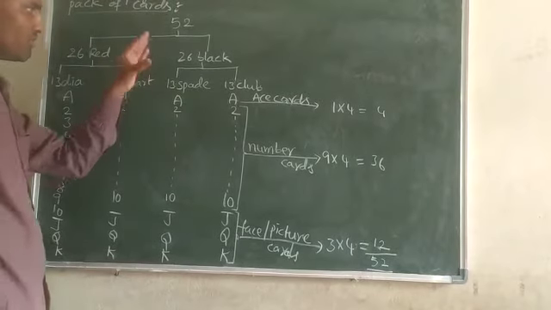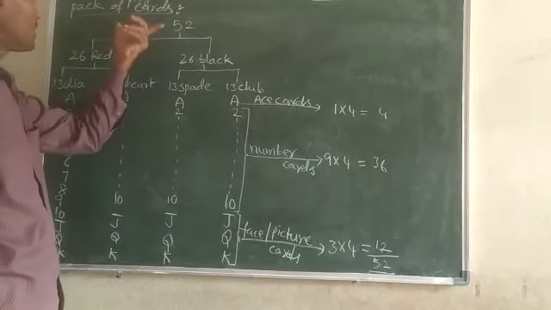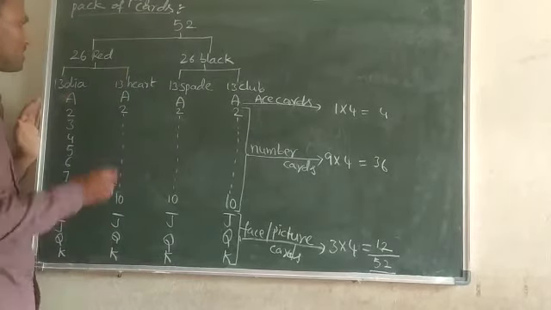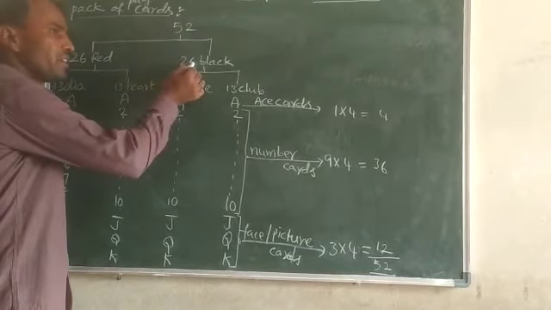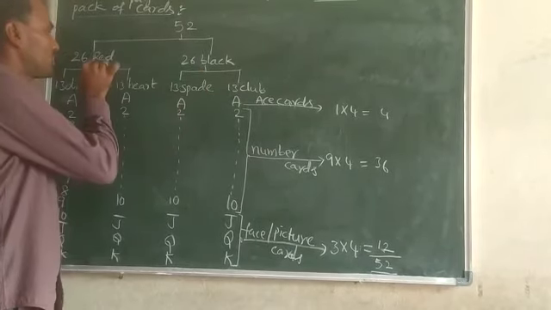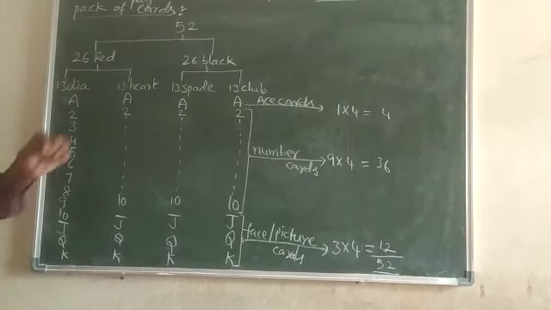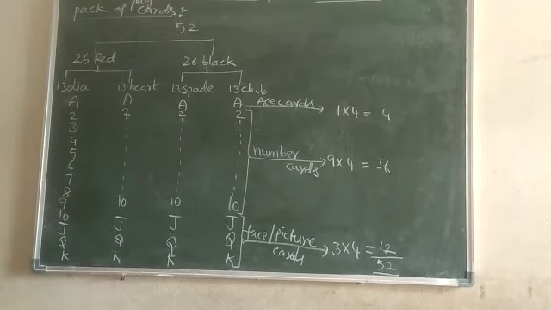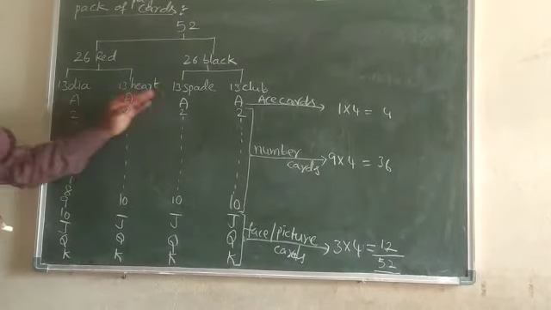So these are the play cards. Questions are like this. How many black cards in a pack of play cards? 26 black and 26 red. What is the probability of getting an ace card from a pack of cards? How many ace cards do we have?